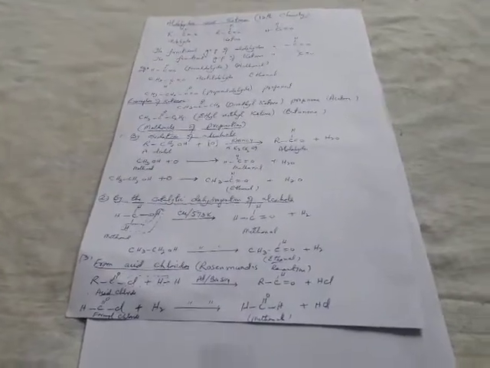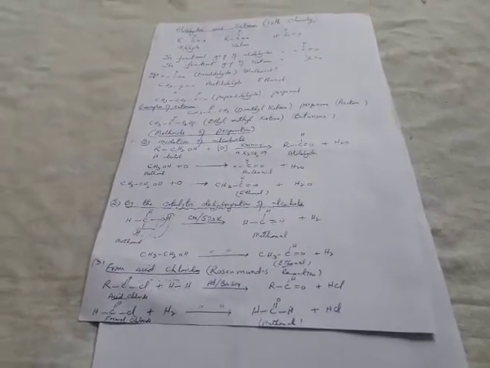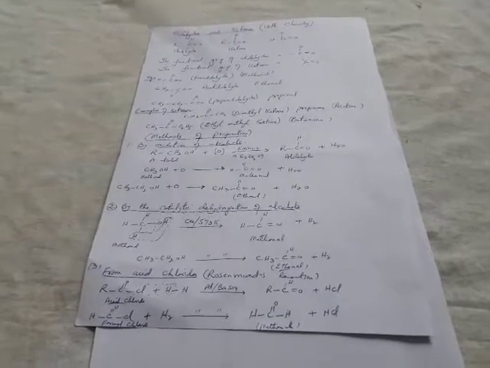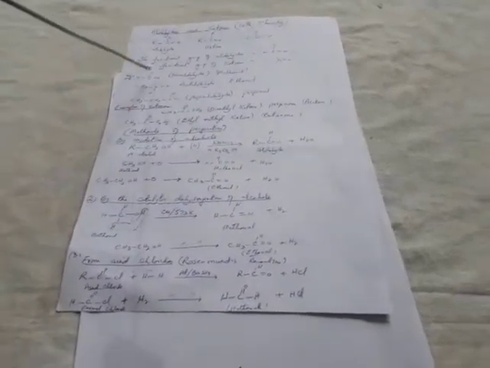Now as far as their preparation is concerned, we'll discuss the methods of preparation. Before that, I will give you some examples. You can see here this is formaldehyde, or its IUPAC name is methanal, since we have only one carbon atom.